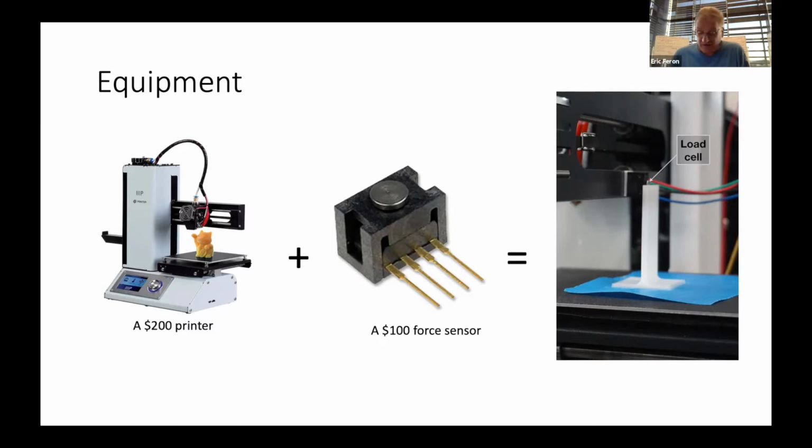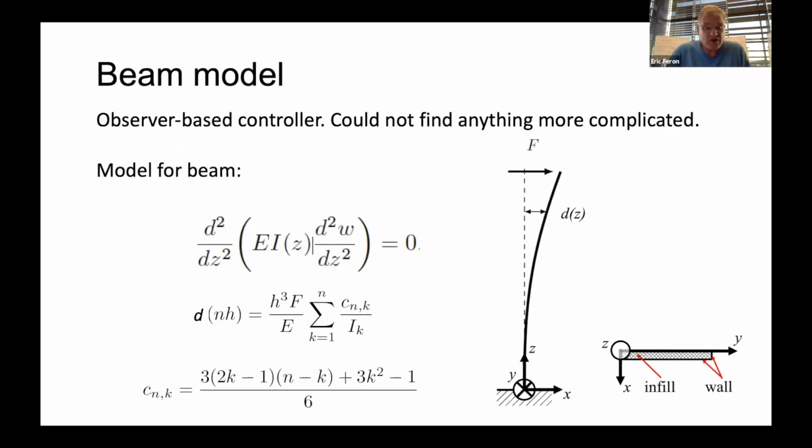The process by which we establish closed-loop control over the printing process relies on a model of the beam. The model of the beam obeys Bernoulli's equation and is relatively simple.